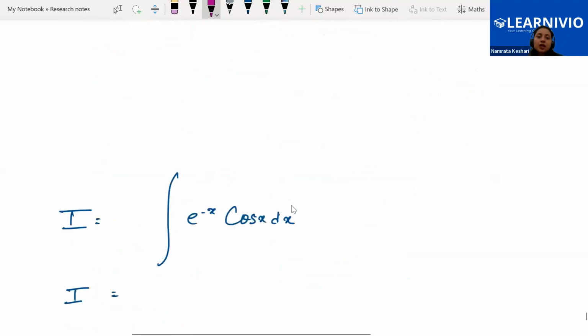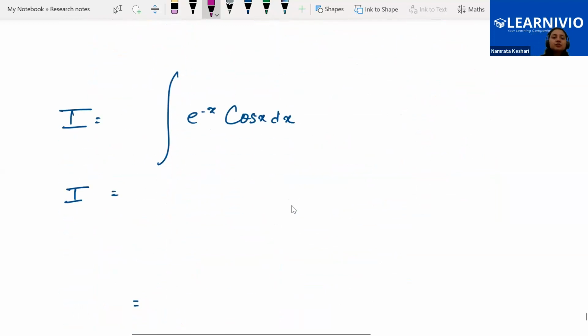So still you have to find the integration of this. Which one have you taken as the first function, which one as the second function? I took e to the power minus x as the first. Okay, we can take it.